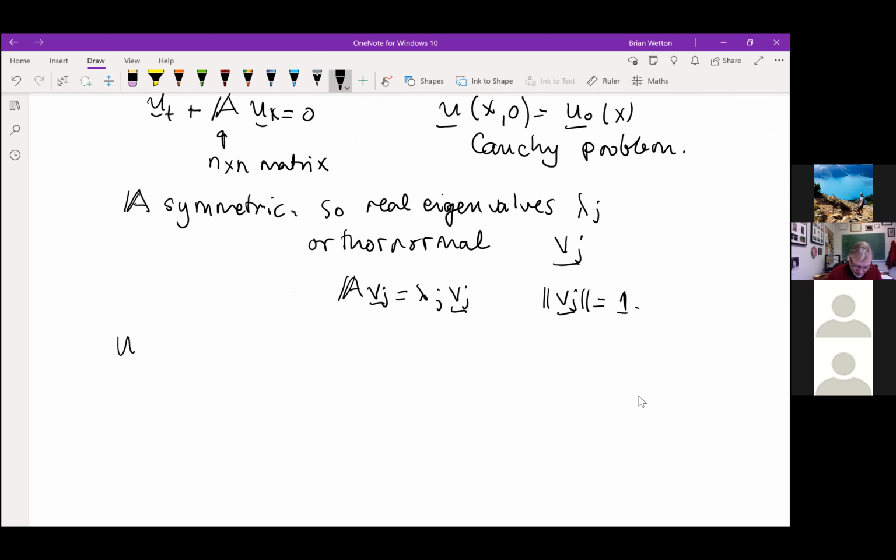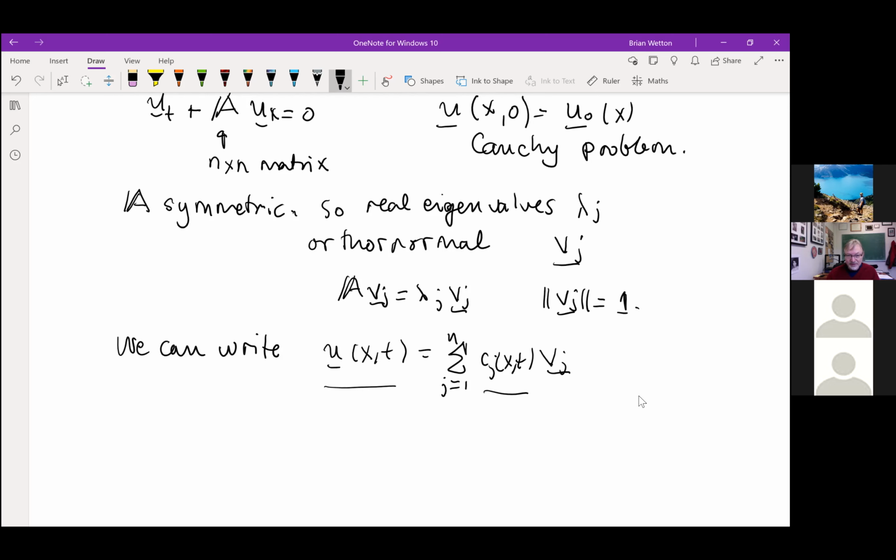Now this is nothing to do with partial differential equations yet. I can just say, I've got a vector solution at every x and t. I'm going to write it in terms of these eigen coordinates. And so the coefficients, of course, because the vector depends on x and t, the coefficients will depend on x and t. v_j, though, A is a constant matrix.